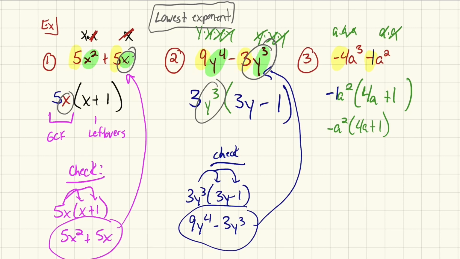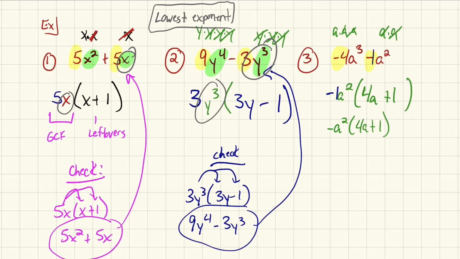So in this problem, we factored out the negative for our number part. For our variable part, we were able to factor out a squared. The leftover pieces on the inside are whatever's left over, so that's a 4 and an a for the first term, and then just a 1 for the second term.